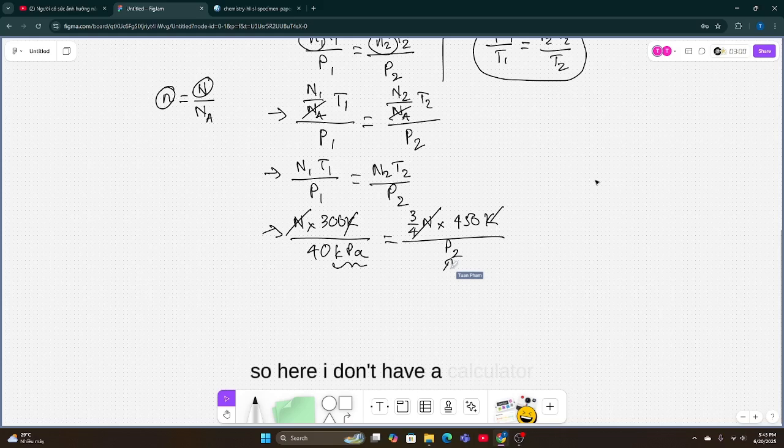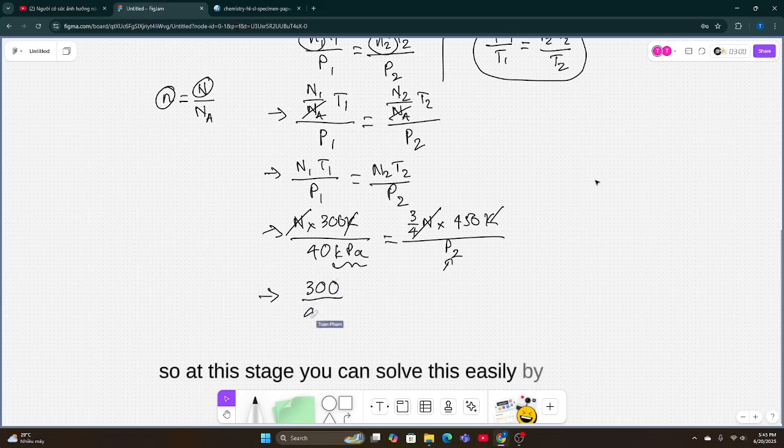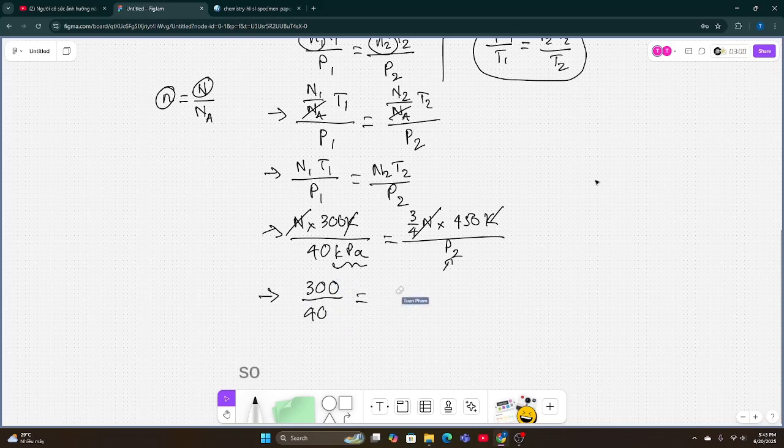So here I don't have a calculator, but for this question, the new Paper 1 for IB Chemistry, you guys are allowed to use a calculator. So at this stage, you can solve this easily by plugging into a calculator, right?